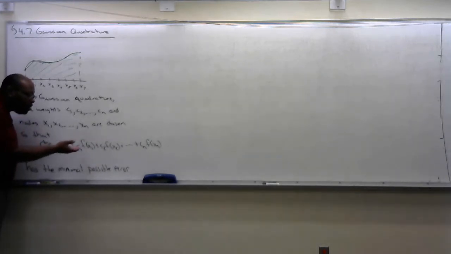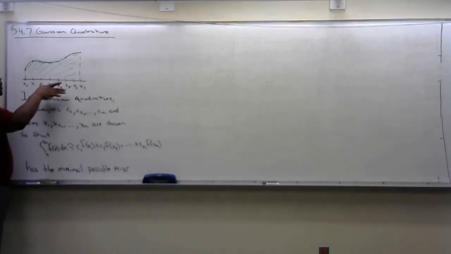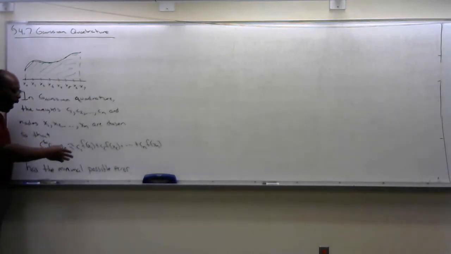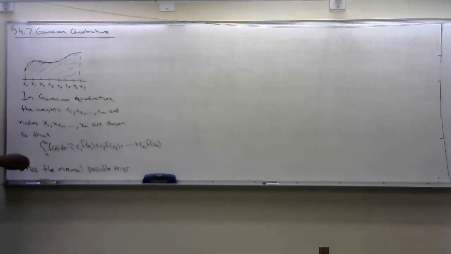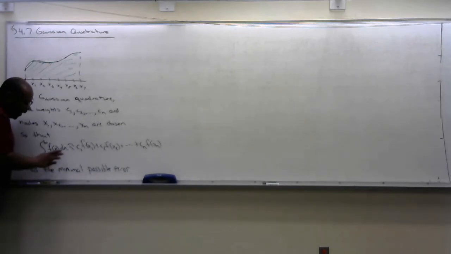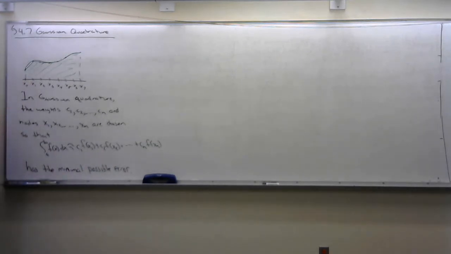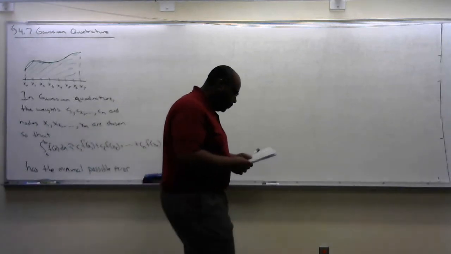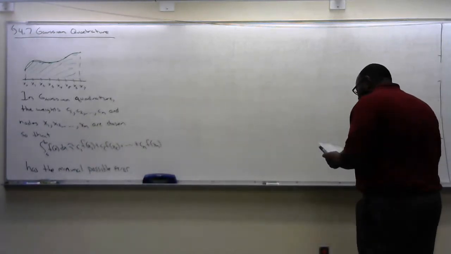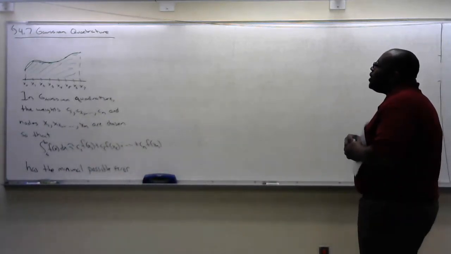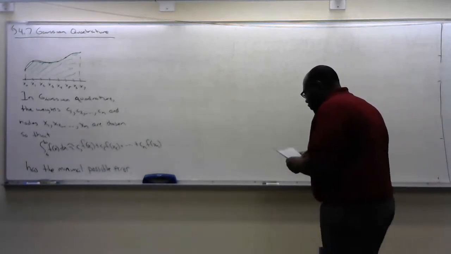And I'm trying to pick the constants and my nodes, the places where I'm going to separate my subintervals, so that the error between my actual definite integral and my approximation is as small as it could possibly be. And so let's just start off with something simple.